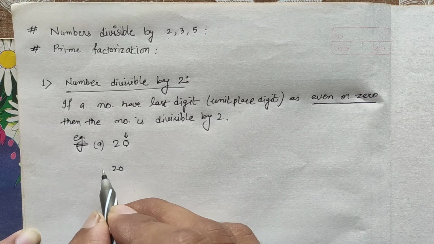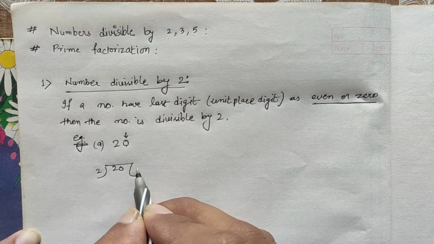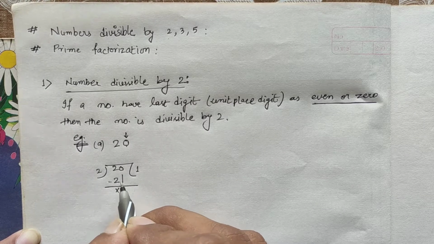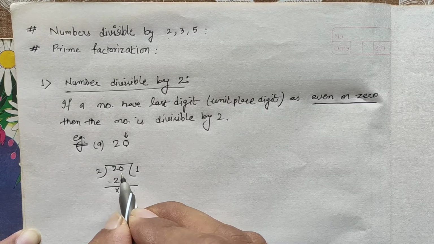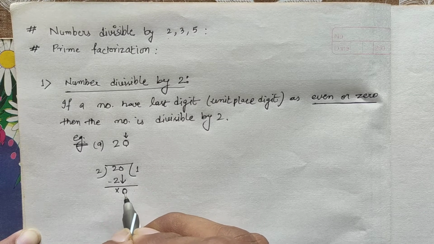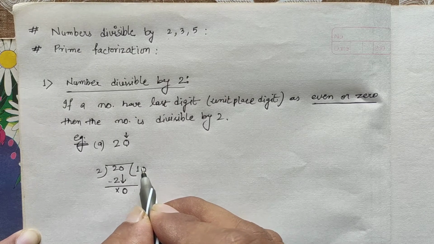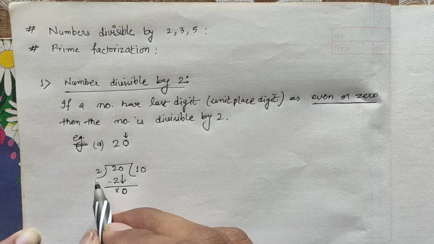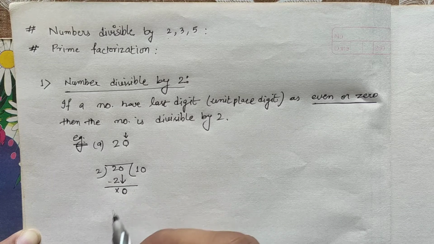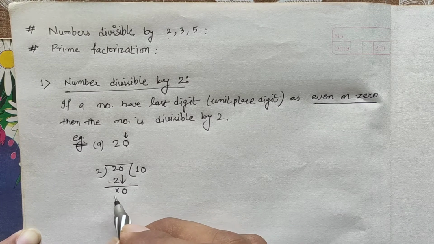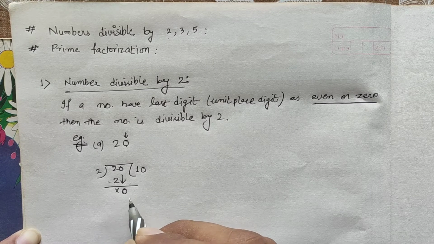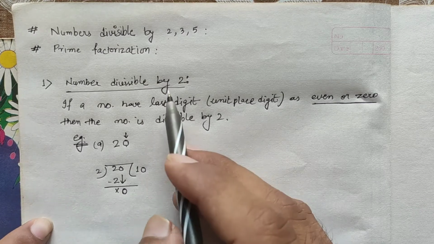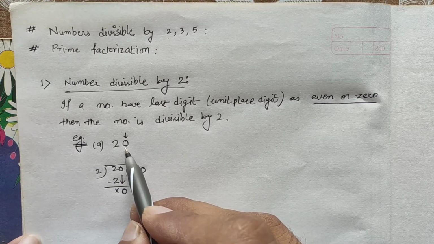Let's check it. 2 times 1 is 2, and after subtraction it comes here. And if you write this 0 here, then you have to add a 0 here, because 2 times 10 is 20, not 2 times 1, which is only 2. So it is exactly divisible, with 0 remainder. We have seen the last digit is 0, so it is divisible.